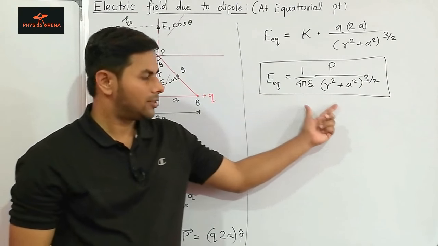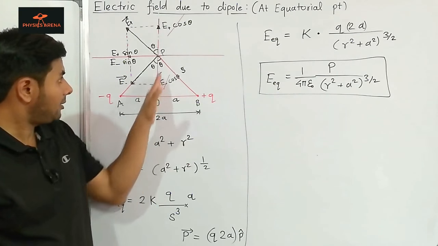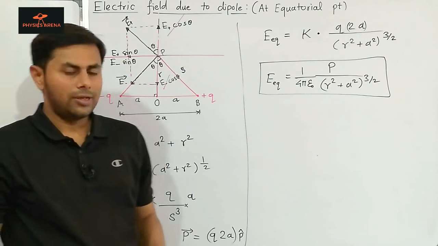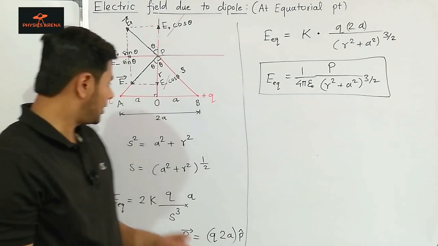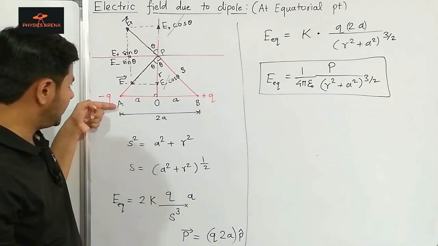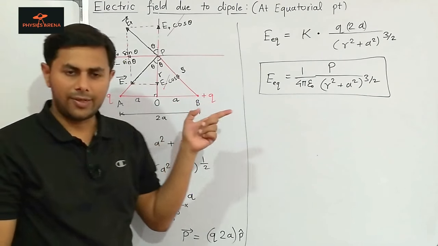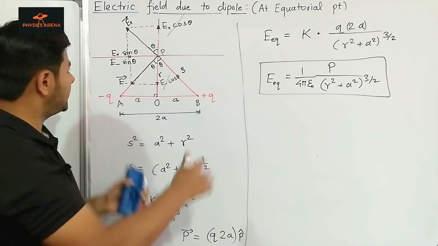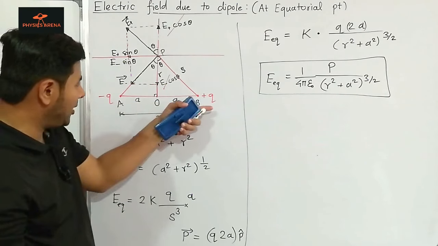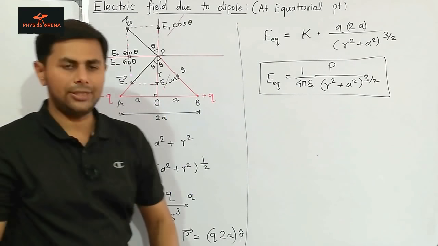Now this is the value of electric field due to the dipole at equatorial point. Now let's find its direction. So direction of the dipole moment P bar is from minus Q to plus Q. It is in this direction, but our electric field is in this direction. So direction of dipole moment and direction of E bar are opposite to each other.